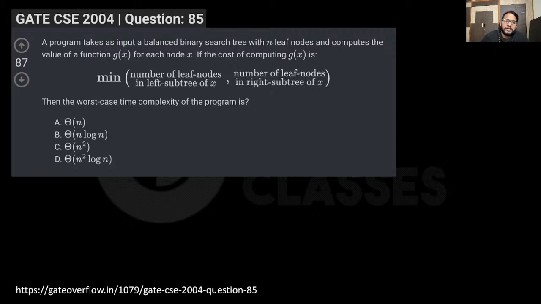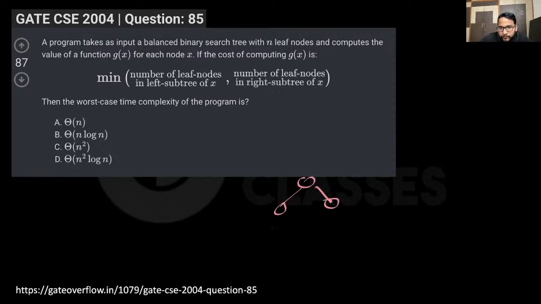So what is this question saying? A program takes as input a balanced binary search tree with n leaf nodes. The number of leaf nodes is given as n, and they are saying balanced binary search tree, right? It need not be an AVL tree, so the balancing condition need not be the AVL balancing. Balanced binary search tree generally means that it is completely balanced.